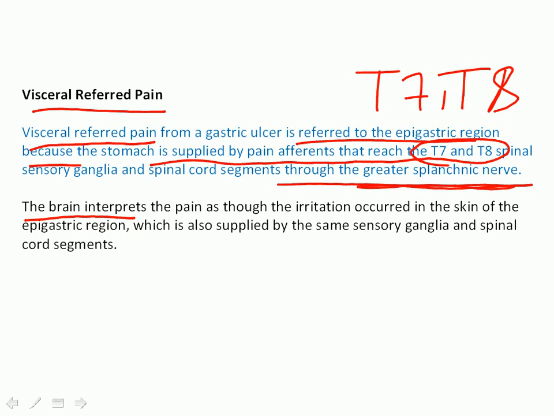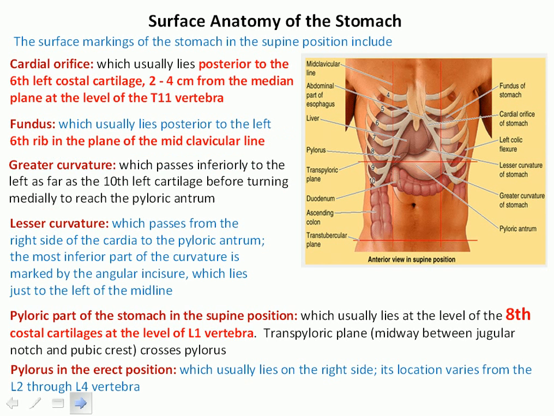The brain interprets pain signals coming from that area as though the irritation occurred in the skin of the epigastric region. Why? Because there is a kind of crosstalk between the innervation of the skin and viscera in those spinal cord segments.